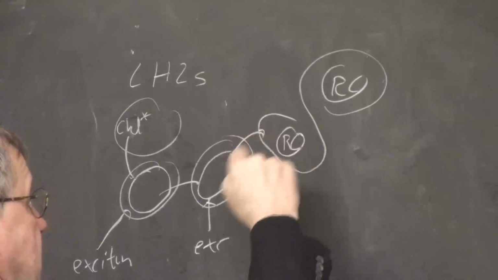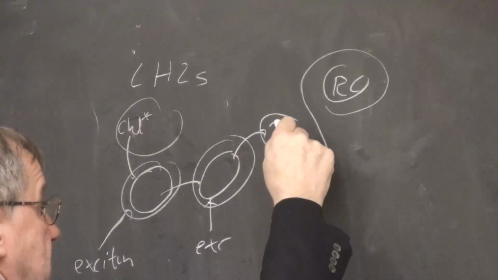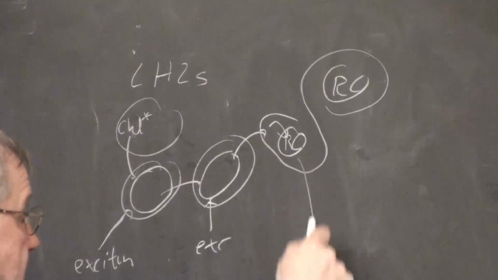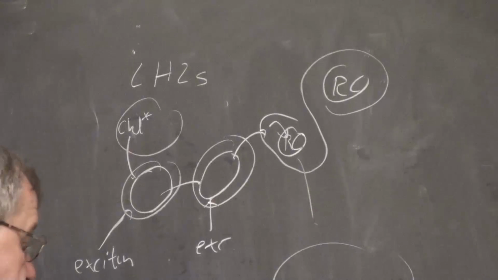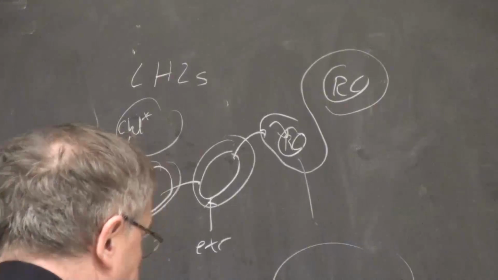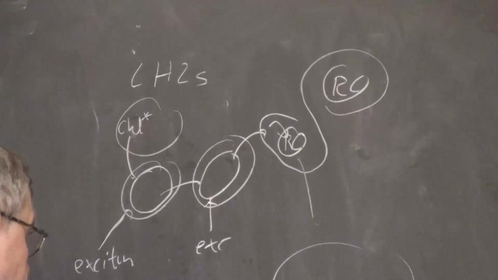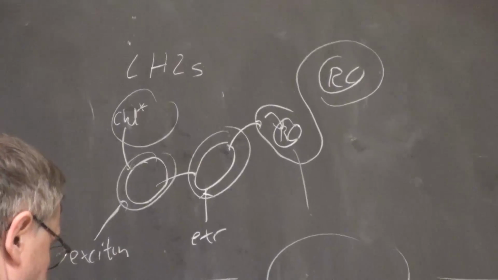Now the excitation goes here to these excitons, and then it jumps to the reaction center. And in the reaction center, we have something that looks like this. This one is a membrane. And this is the inside of the chromatophore.